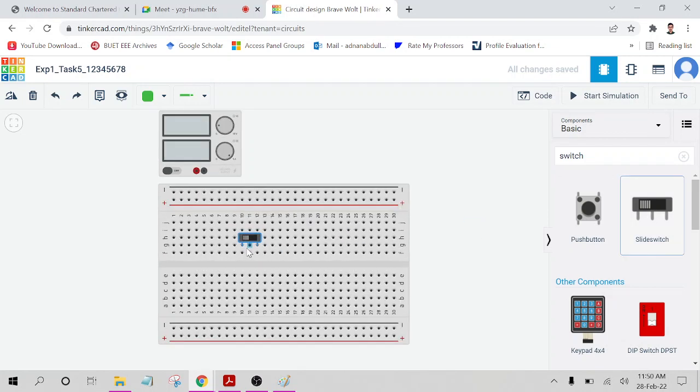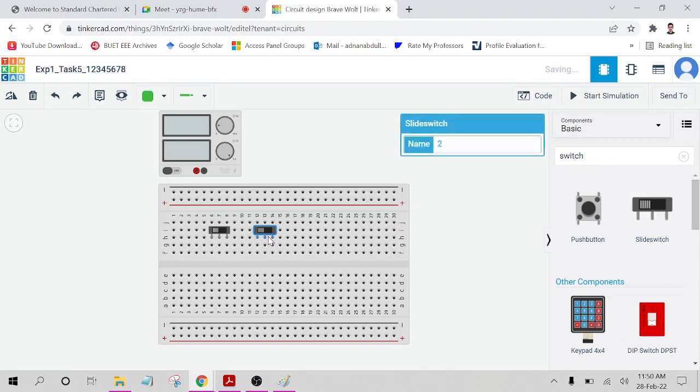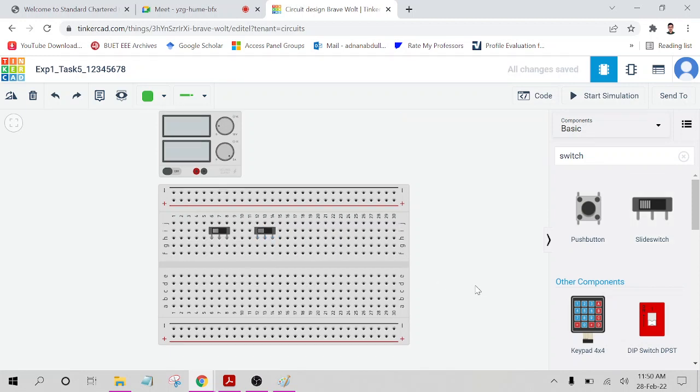So please take 2 slide switches and place those here in a near position, say here. Slide switch is actually a SPDT switch, so we will use this switch. Has everyone found slide switch? Yes sir. Okay.